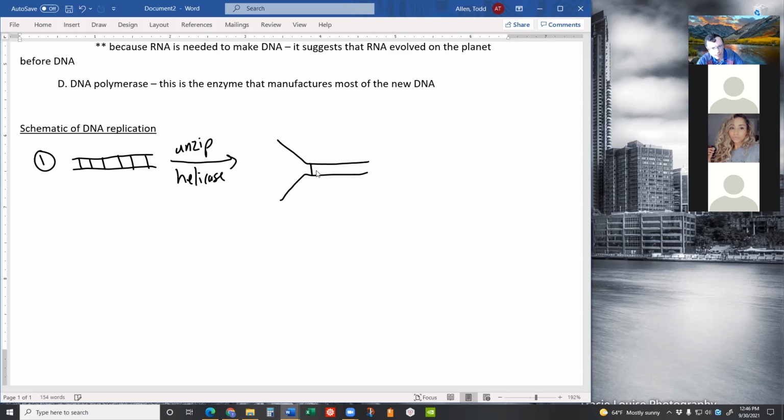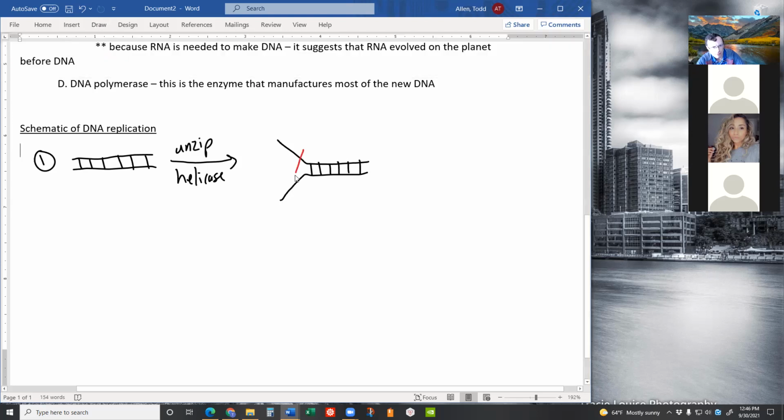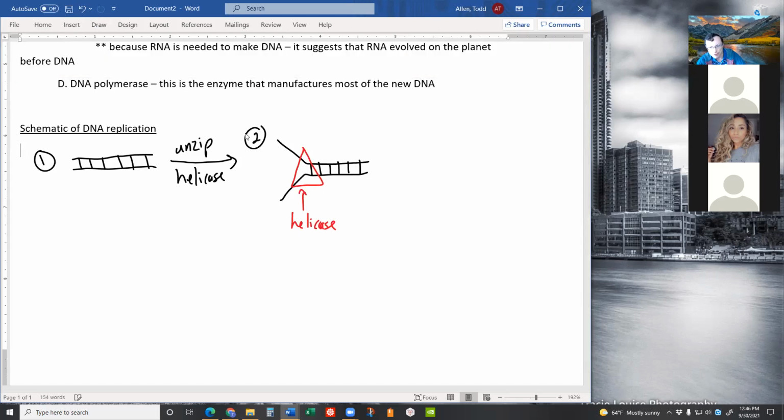Where we have the DNA that's partially separated there on the left, and we have this, which will be helicase. In terms of drawing numbers, that would be number 2 here.